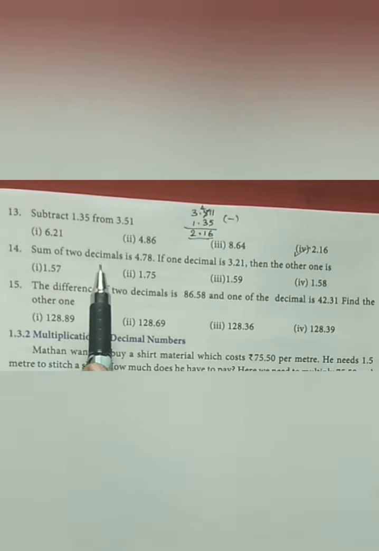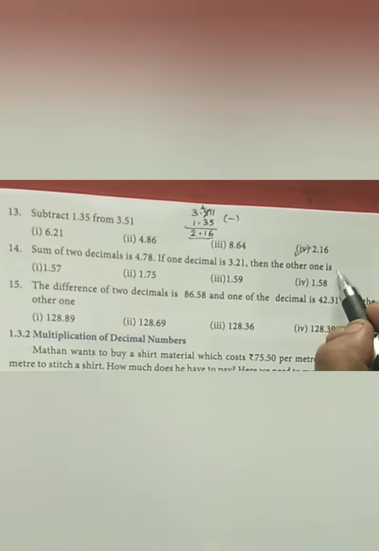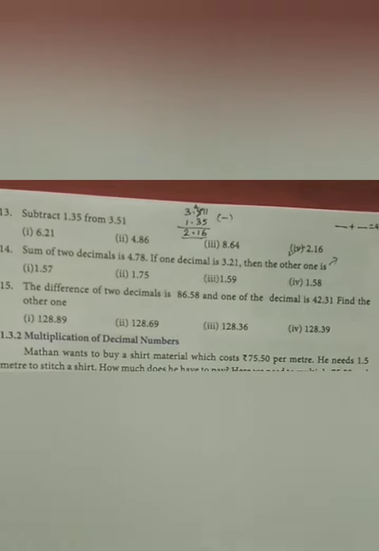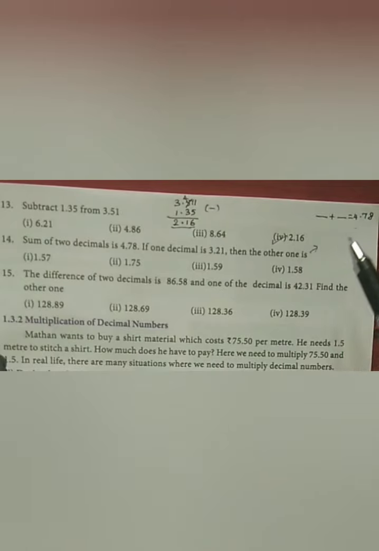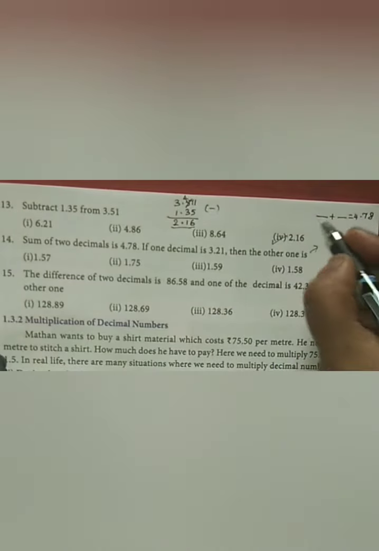14th problem. Sum of two decimals is 4.78. So when you add two decimal numbers, you get 4.78. And one of the numbers is given, that is 3.21.